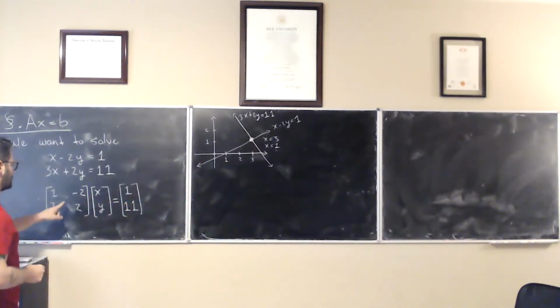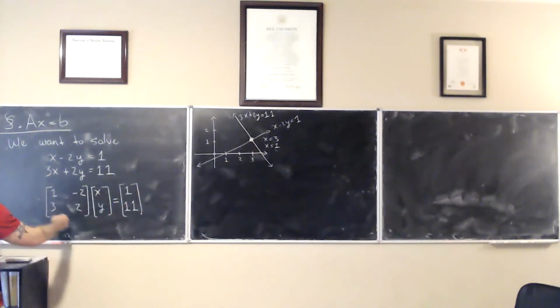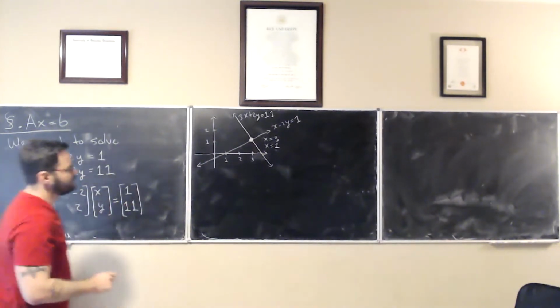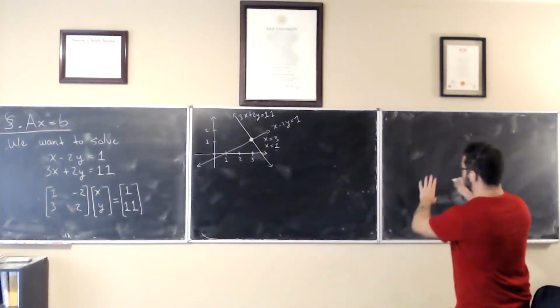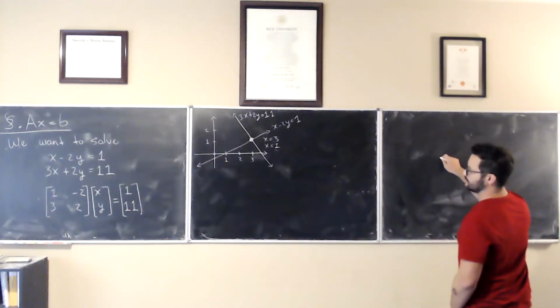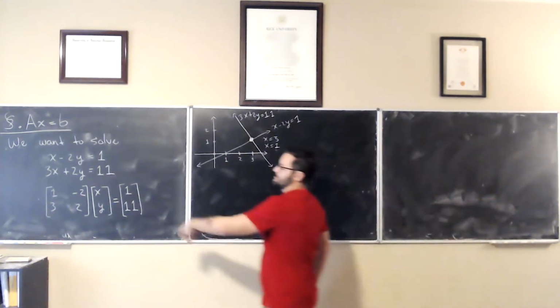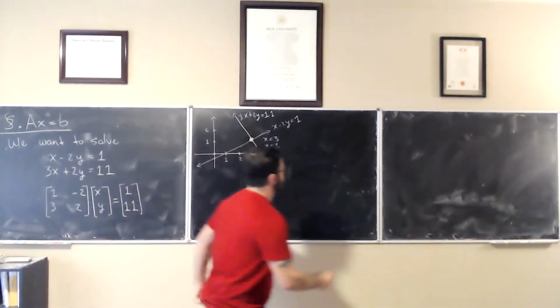But there's another interpretation of this multiplication. Over here would be the column side. You can also think of this as a linear combination of the columns of the coefficient matrix.